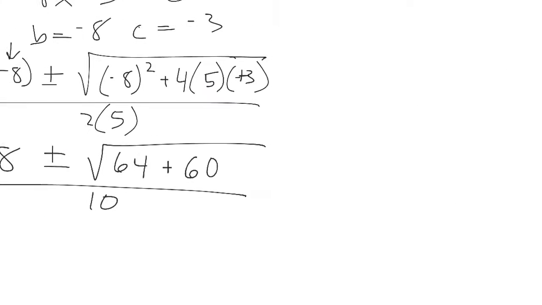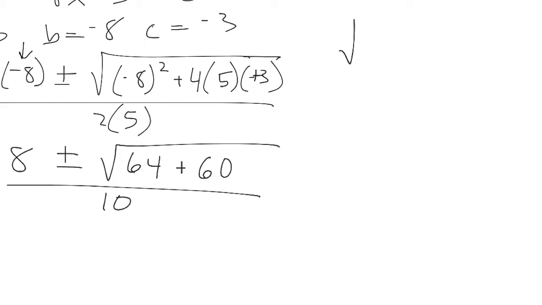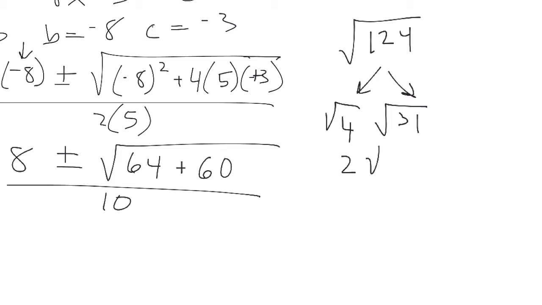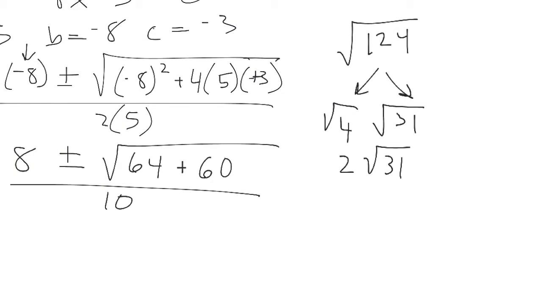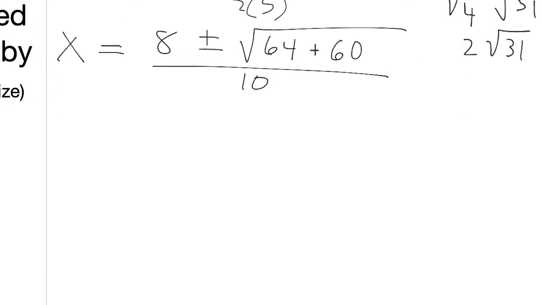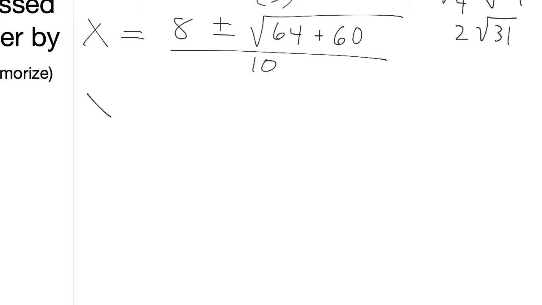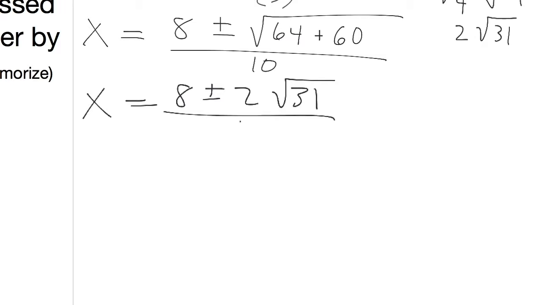I'm going to do some side work and say that the square root of 64 plus 60 is the square root of 124. You can split that up. You can simplify that into the square root of 4 times the square root of 31, and that's just 2 root 31. So therefore, as an answer, you simplify your answer to get 8 plus or minus 2 root 31 over 10.